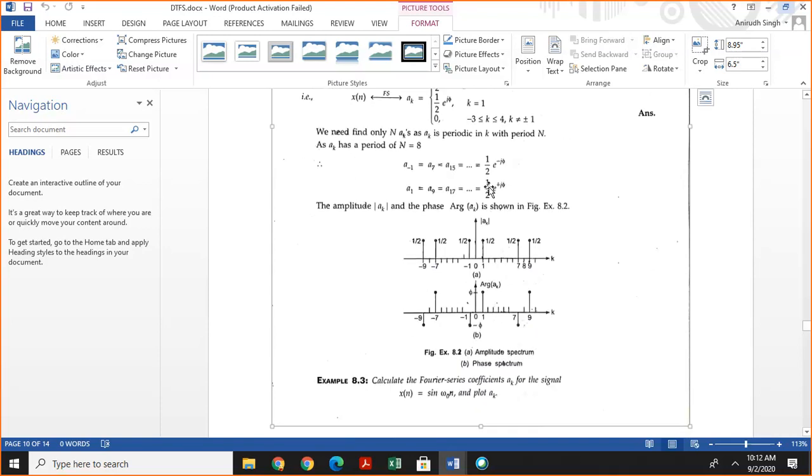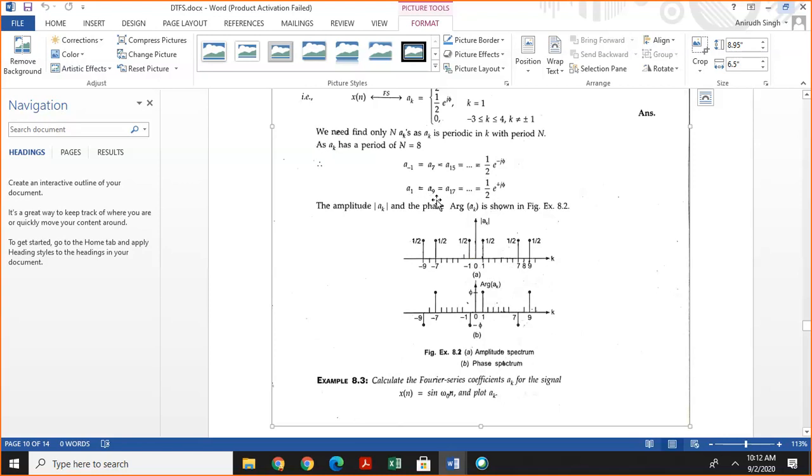And if we plot these coefficients, this is the value of k. When the value of k is 1, the magnitude is half. This is magnitude and this is phase. So the magnitude is half for a1, for a7, and for a15.